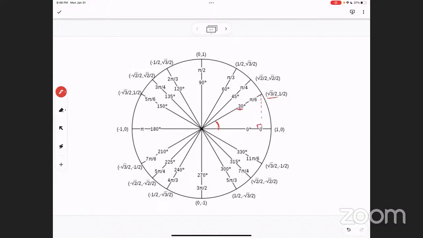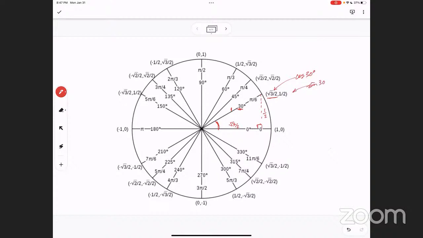And the opposite is 1/2, and this is √3/2. This is 1, it's a unit circle, the radius is always 1, right? So this is your cosine of 30, and this is your sine of 30.